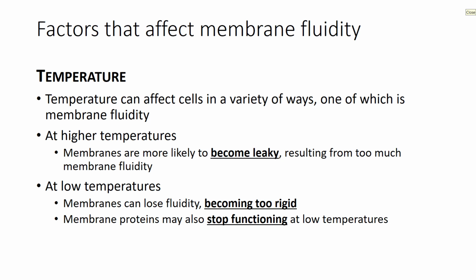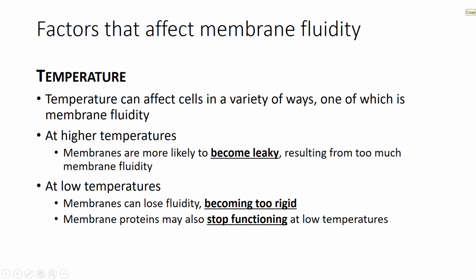So temperature, we all know temperature affects us. One of the reasons, not the only reason, that temperature affects us is because it has a direct impact on the fluidity of our membranes. So too hot, too much movement, and the membranes can become leaky. One of the reasons you can't sustain life at too high a temperature is the membranes start to fall apart and leak.